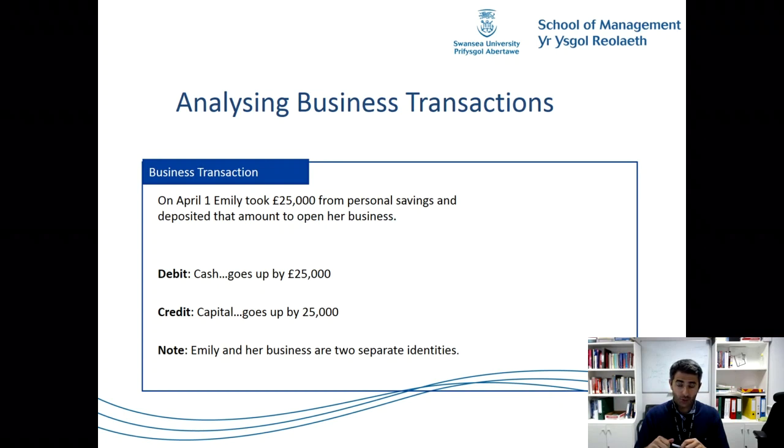What does that mean? Emily's business owes Emily £25,000. Can you imagine? We treat Emily's business as a person, so the business needs to pay back Emily £25,000. This is why capital is considered to be a liability.